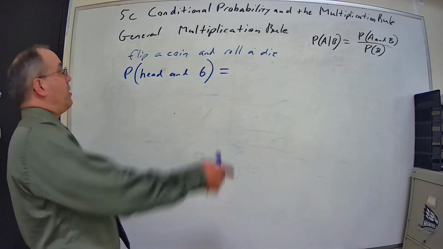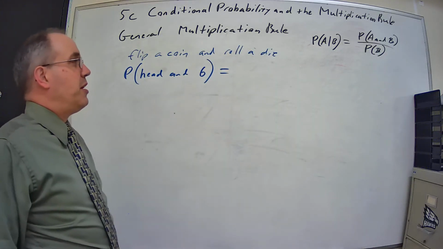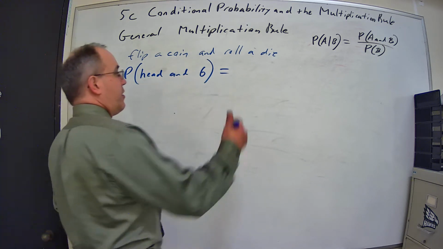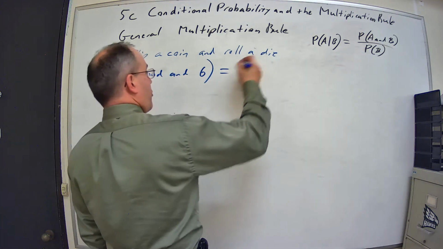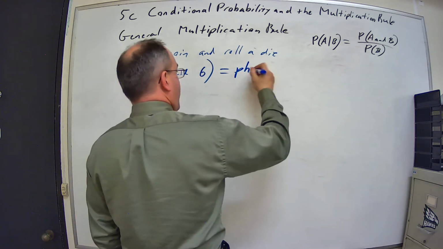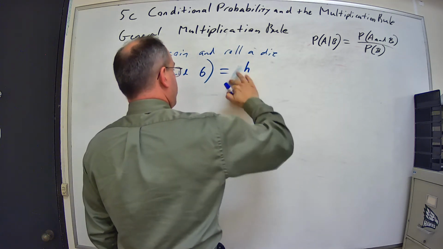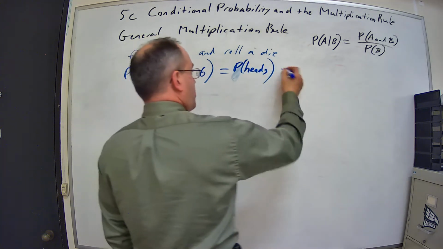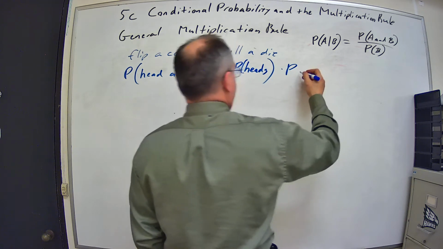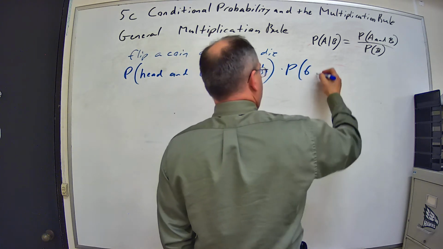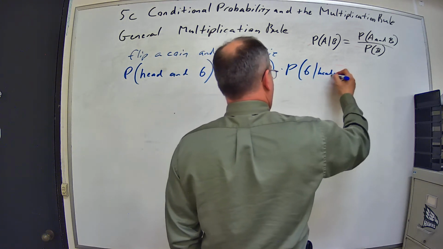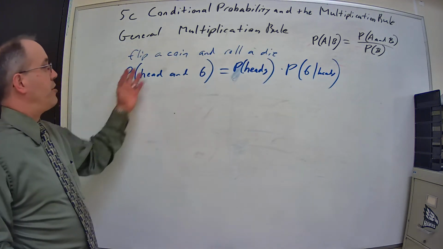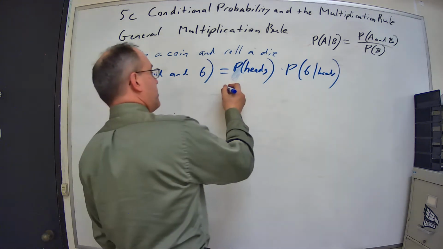Well, the general multiplication rule says, what's the probability that I get heads? So I'm just going to write this out first. Probability that I get heads multiplied by the probability that I get a 6, given that I've got heads. Okay, that's what our general multiplication rule says.